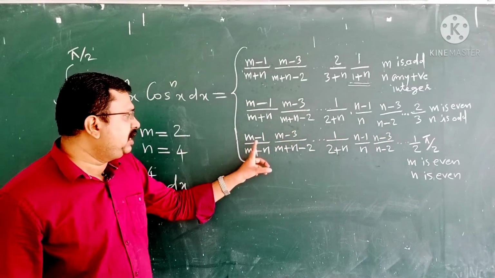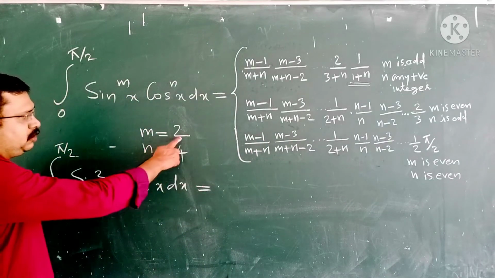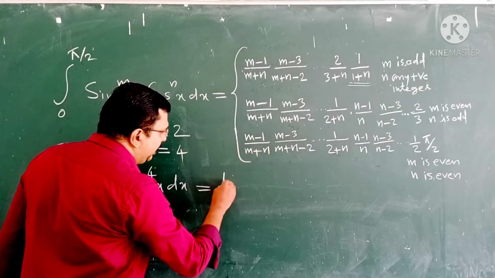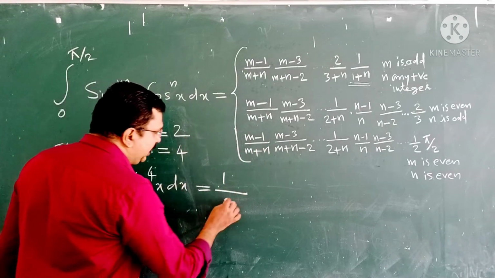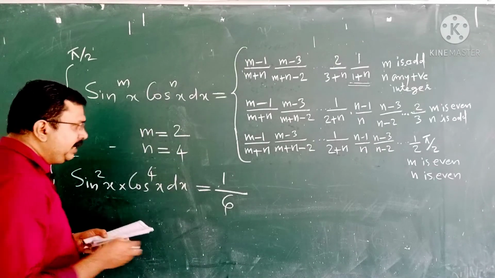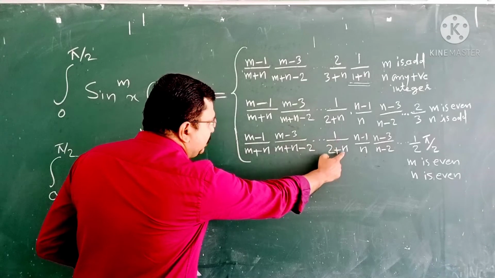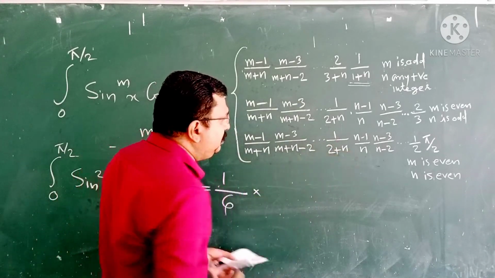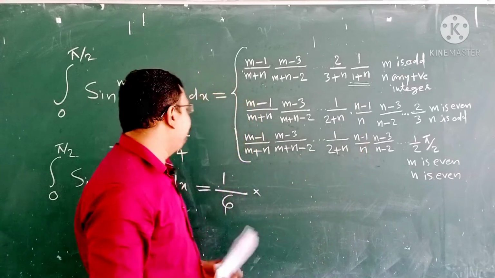Here first m minus 1 by m plus n. M is 2, 2 minus 1 is 1 by m plus n. 2 plus 4 is 6. 1 by 6 into, here is 1 by 2 plus n. That is our last term. Next one is n minus 1 by n. What is n?